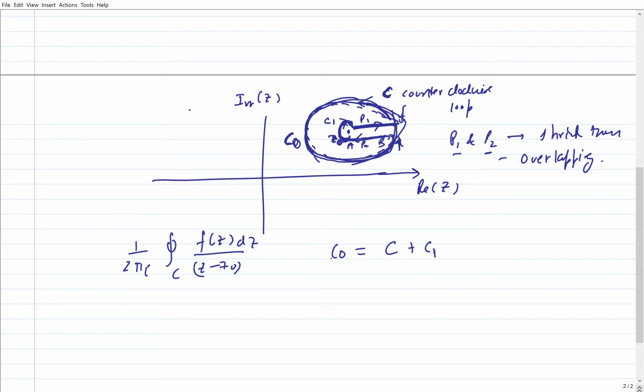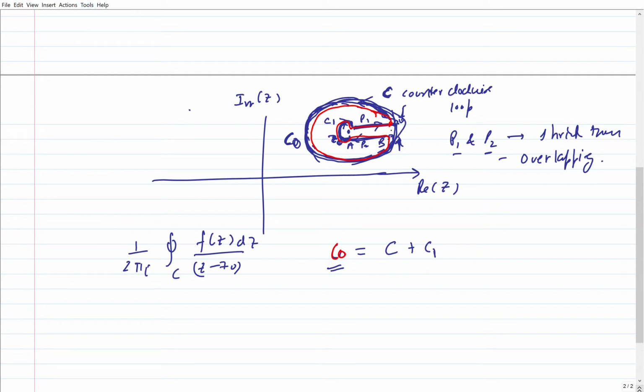So I have this guy C0, my new path, which was traversing this. I'll just maybe use a different pen. Yeah, so this was my C0, this particular path. So I have C0 as C plus C1.